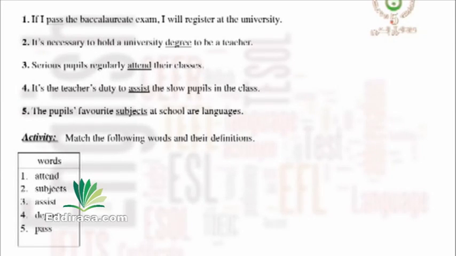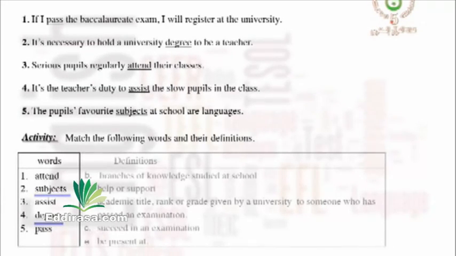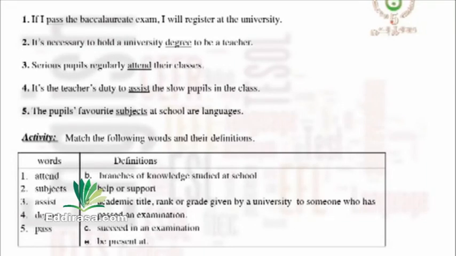Yes, the words attend, assist, and pass are verbs. The word subjects is a noun in the plural, and the word degree is a noun in the singular. Now we are going to read the definitions and see which definition starts with verbs, which one starts with the noun in the plural, and which one starts with the noun in the singular.